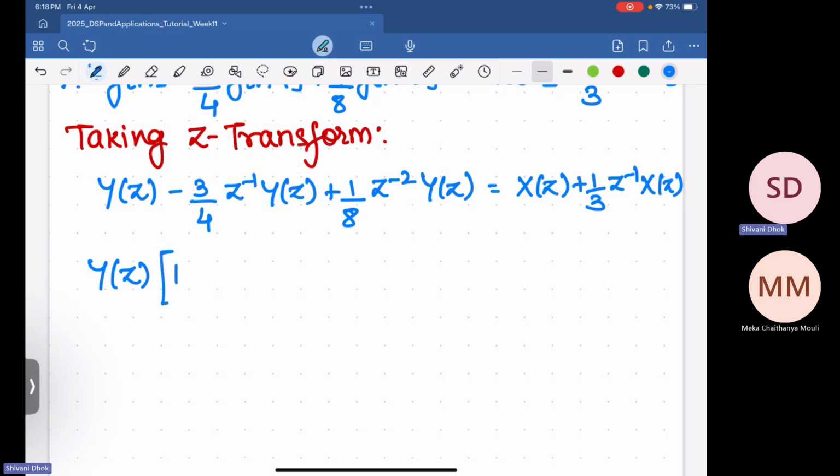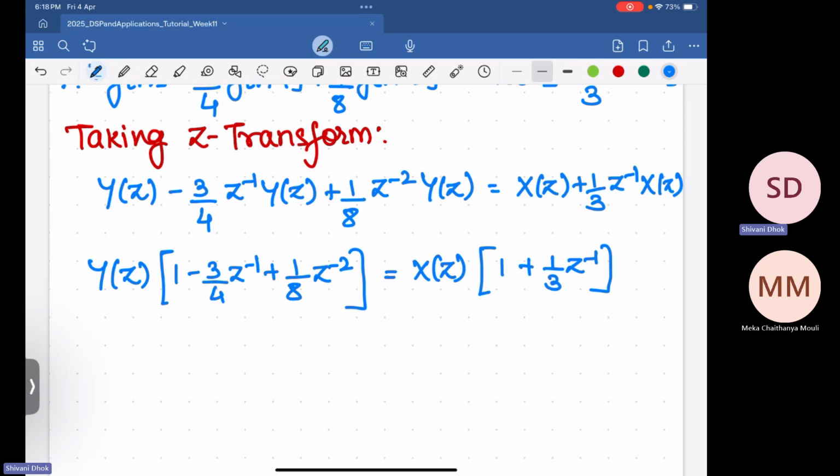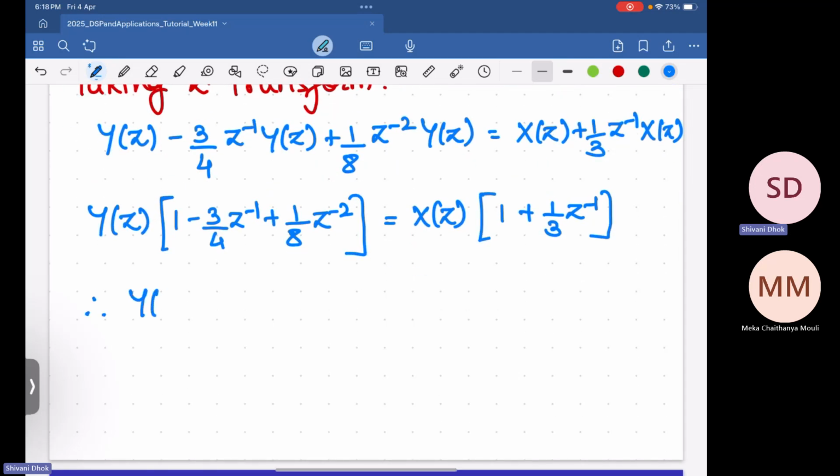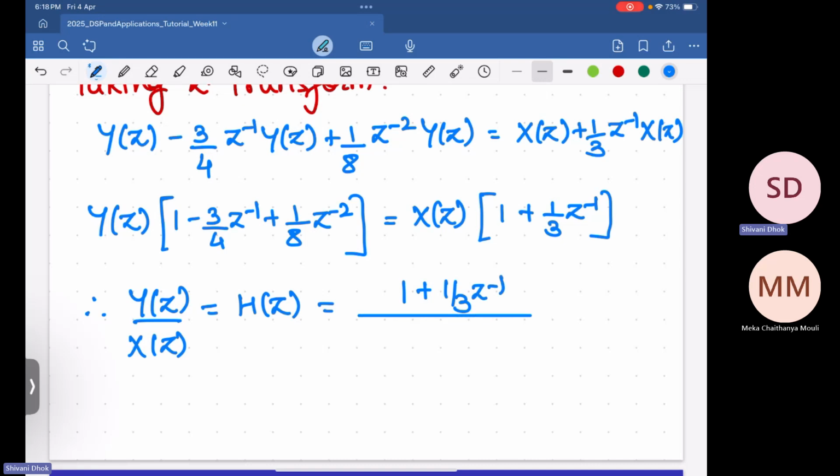Then I have 1 minus 3/4 z inverse plus 1/8 z to the power minus 2, equal to X(z) times 1 plus 1/3 z inverse. Therefore Y(z) upon X(z), which is our transfer function H(z), is 1 plus 1/3 z inverse divided by 1 minus 3/4 z inverse plus 1/8 z to the power minus 2.